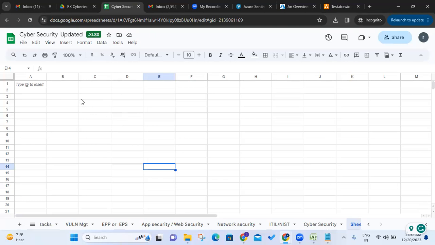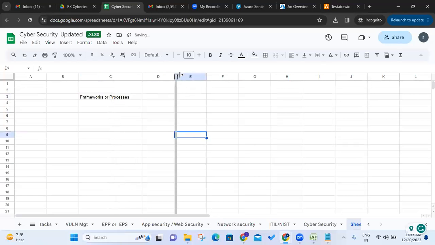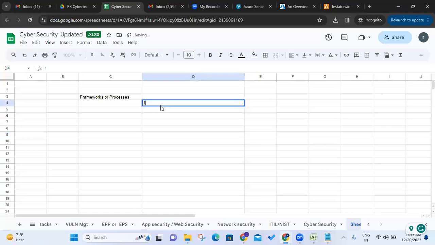So now we can discuss a couple of process-oriented things. The first one is frameworks or processes. We already discussed that. We can make a summary now. What I said: first one, MITRE.